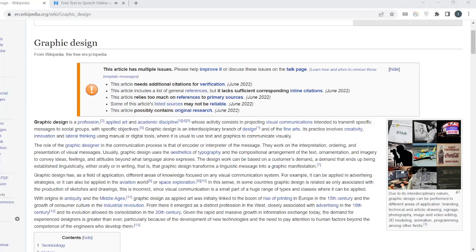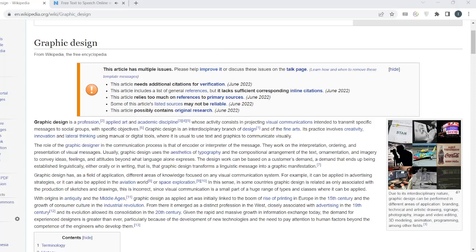Contents: 1. Terminology. 2. History. 2.1 The advent of printing. 2.2 19th century. 2.3 20th century. 3.